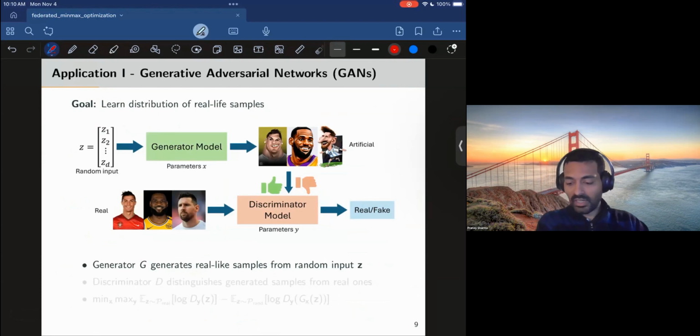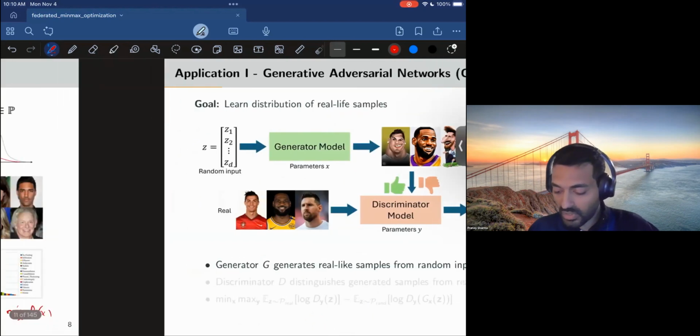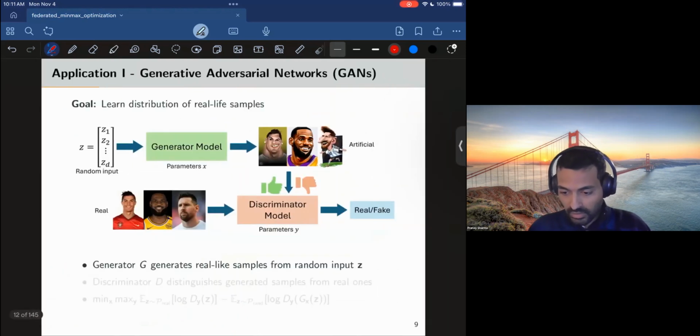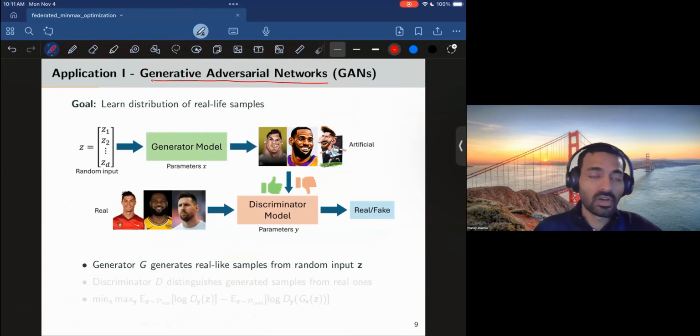Okay, so let's try to understand what kind of loss functions, what kind of Fs we get when we study min-max problems. Let's look at this artificial data generation example. There is a neural network architecture called generative adversarial networks, or GANs.